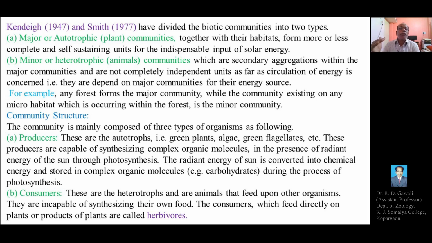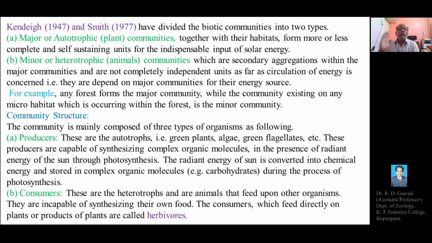Then the second type of biotic community is minor, or smaller. It is the minor or heterotrophic community, which includes the animal species present in the respective habitat.